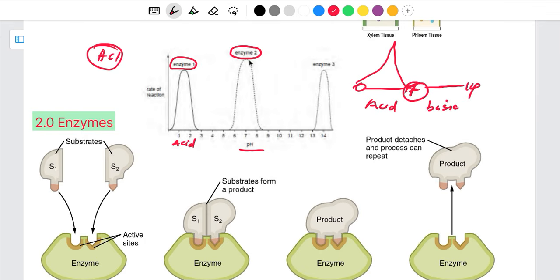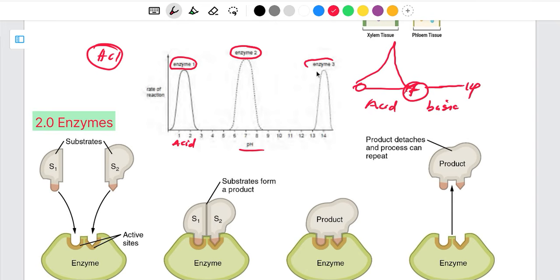Once the bicarbonates are produced, that's when it is converted into alkaline or basic. So examples of those enzymes, you can talk of pancreatic amylase. Apart from pancreatic amylase, you can talk of trypsin, all those enzymes.